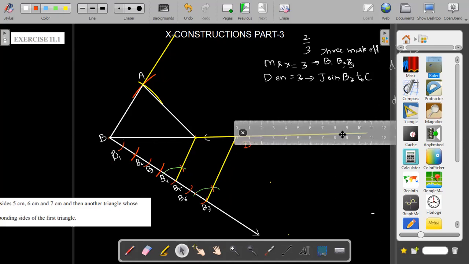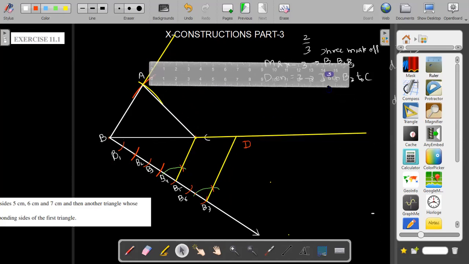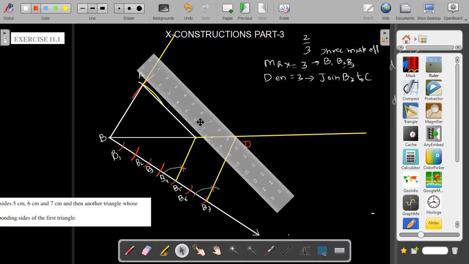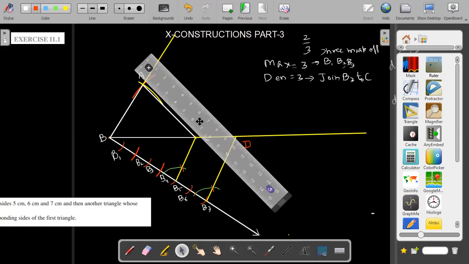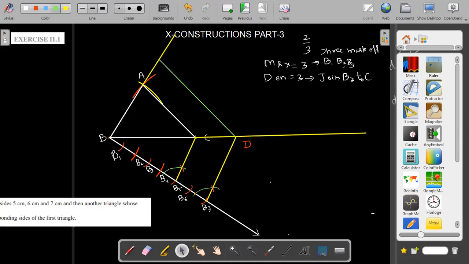Now draw another line which is parallel to AC. We got this line.